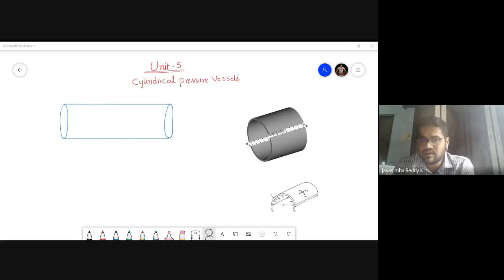It should last for a lifetime, right? The steam boiler that we have taken as an example, or the LPG cylinder, has to withstand that pressure. If we make it with a very low strength cylinder, it will burst out, which does not serve our purpose. So students, that is why we study cylindrical pressure vessels.